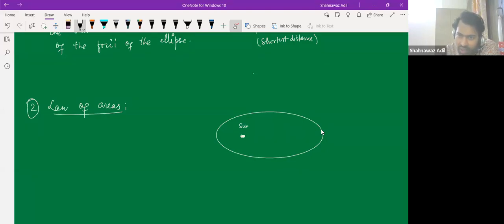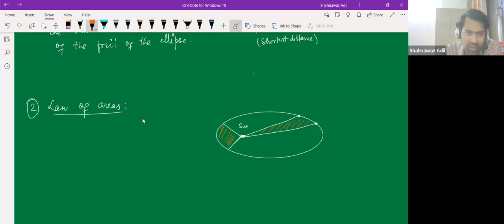Earth is rotating and goes from this point to this point, and then from this point to this point. So there are two areas: one is this one, and the other one is this one.